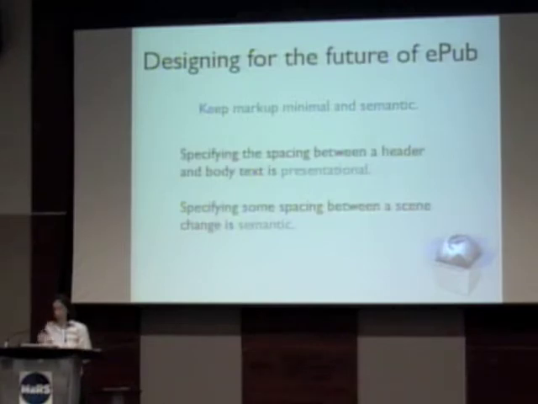For example, you should be thoughtful about what aspects of the design of the book are semantic, meaning they're key to understanding the text, versus finding yourself trying to replicate the look of the print book in an ebook context where, with reflowable text, you're not sure what the end result is going to be.